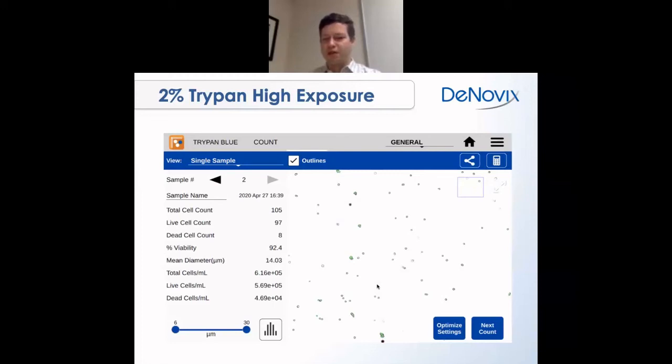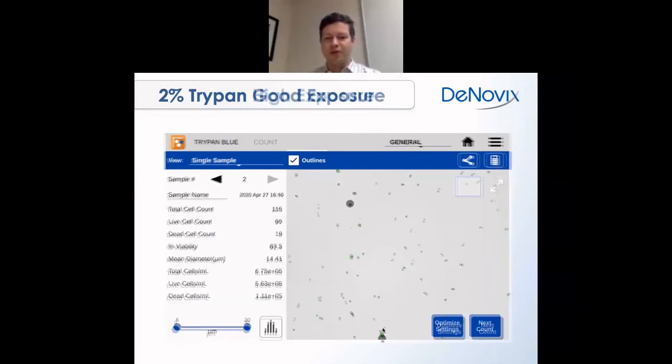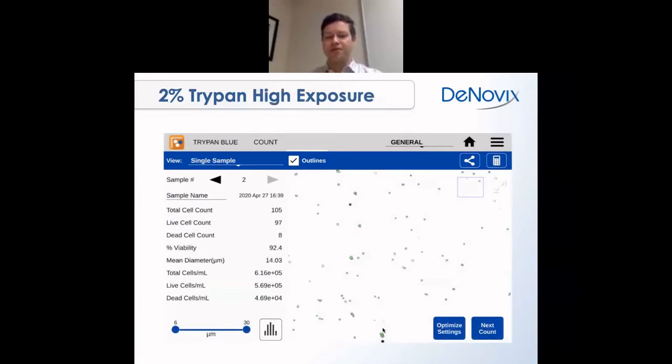But the reason that I chose this particular sample is you see here and here where you previously had two things that obviously were bubbles and weren't being counted, now those look an awful lot like dead cells. So what happens if your exposure is too high is that it tends to hide a lot of things, potential problems with your cell culture, like if you have bacteria contamination.